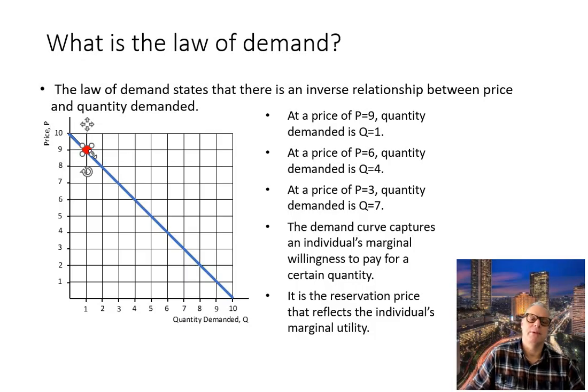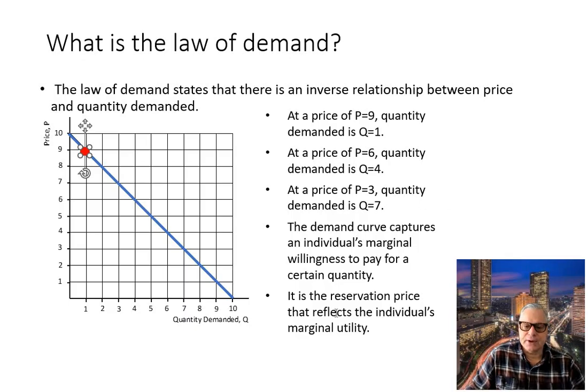But if you already had a drink and you want the second one, the extra utility you get from a second drink is much less, and from a third drink it's even less. So we get from each extra unit of consumption less and less extra utility, and that is captured in the individual demand function somebody may have.